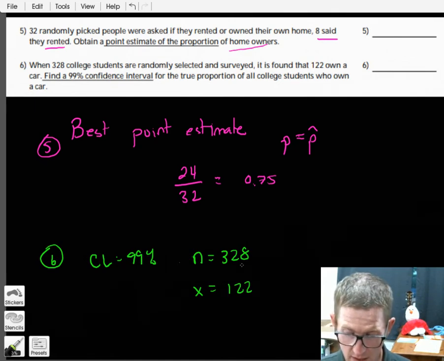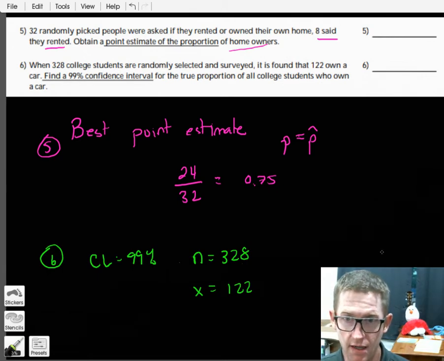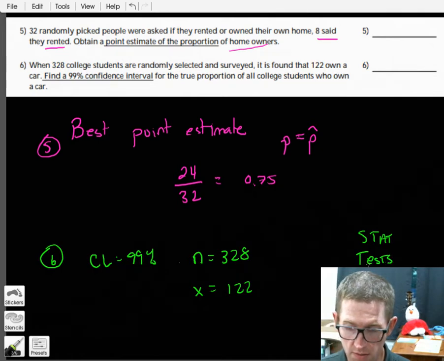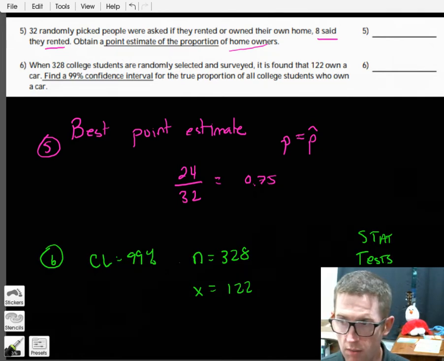So we go to stats. In the calculator, you press the stats button. You go over to tests, and you go down to 1-PropZInt.